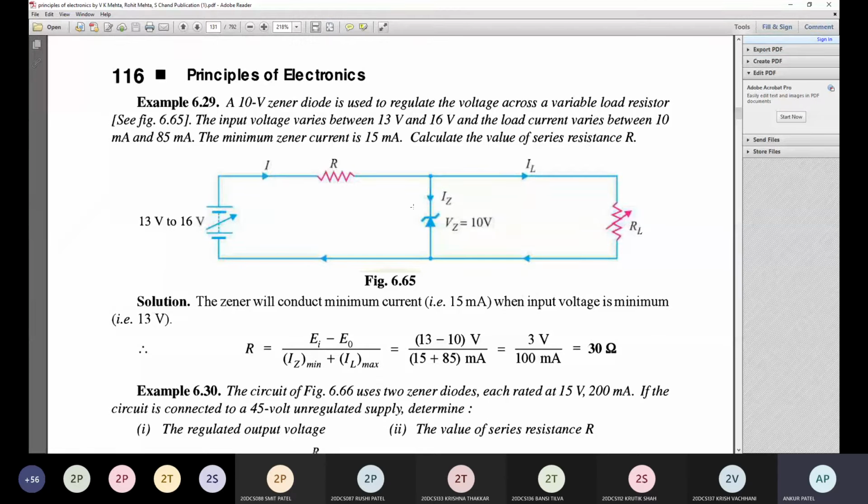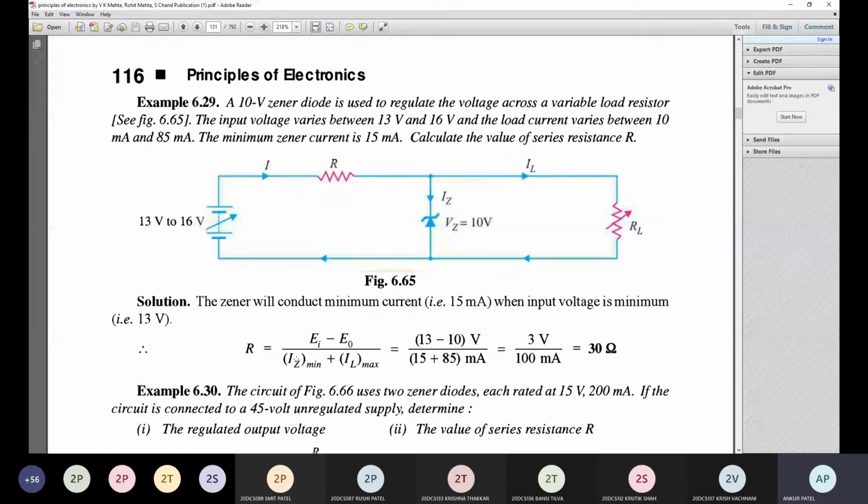So here the minimum value of Zener current is given, so we need to consider IL maximum. When the Zener diode will conduct minimum current, the input voltage should be minimum. When the Zener diode conducts maximum current, we need to consider the maximum input voltage, 16 volt. Earlier, for the minimum current we considered the minimum voltage of this source, or battery voltage, applied across the Zener diode.